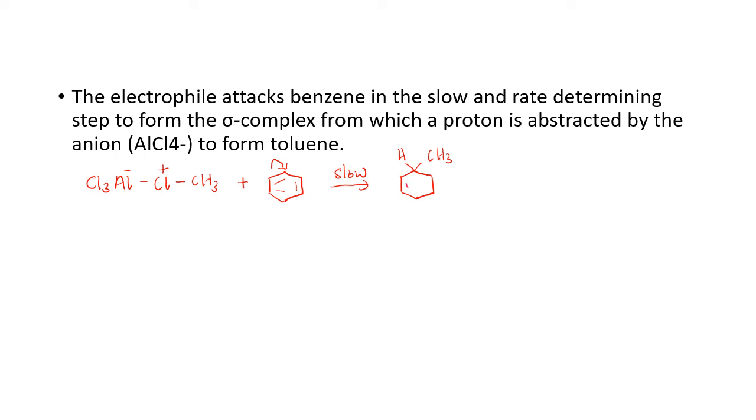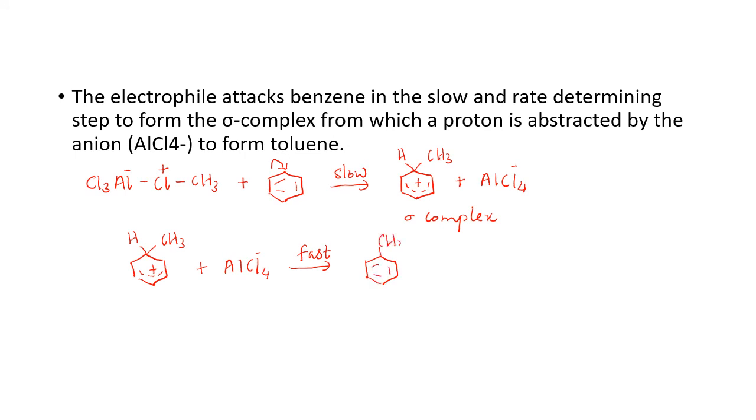The sigma complex is formed which is resonance hybrid, and the sigma complex then in the fast step gets converted into the alkyl substituted benzene plus AlCl3, the catalyst is regenerated.